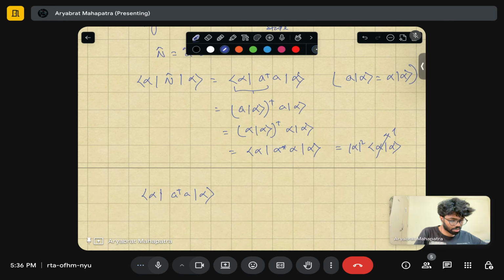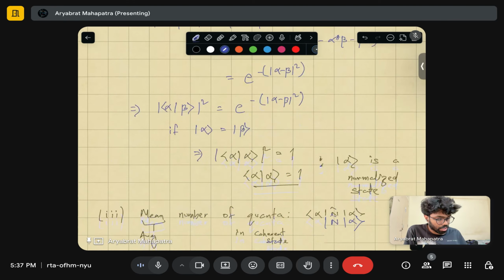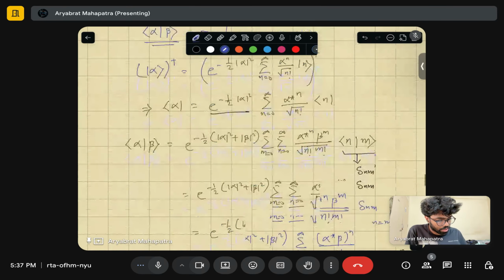Or suppose in a case where you are not sure that a of alpha is alpha alpha. I mean, we know this because that is how we have defined it, but you could have checked this without using this property, by using the coherent state that we found right here.